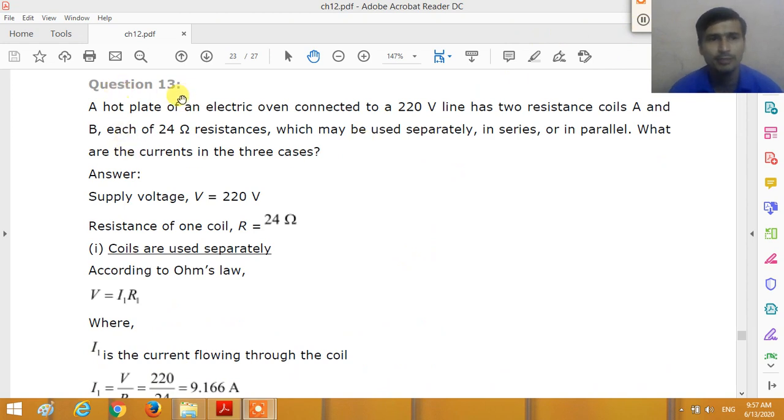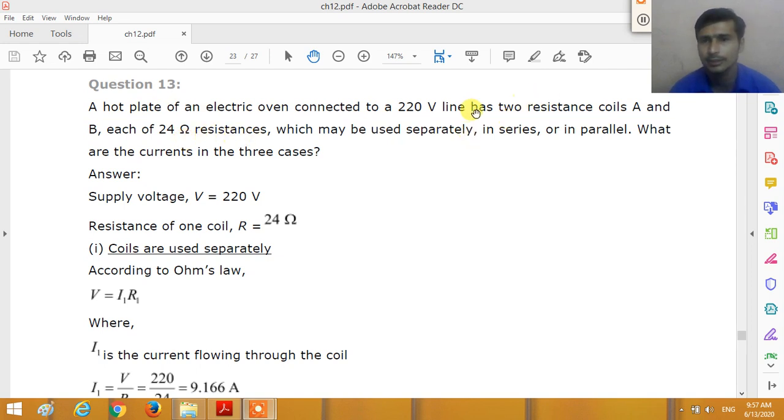Now question number 13. A hot plate of an electric oven connected to a 220 volt line has two resistance coils, coil A and coil B, each of 24 ohm.